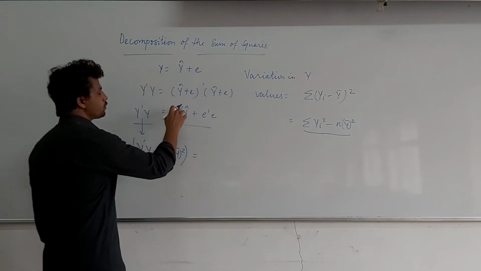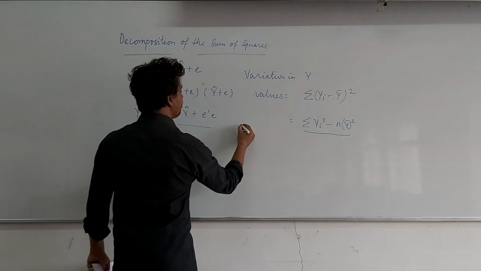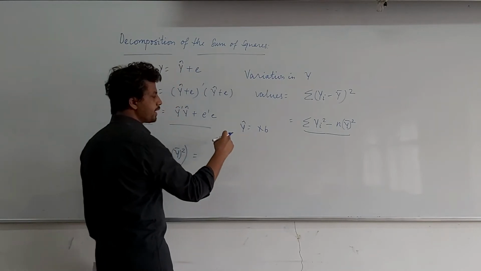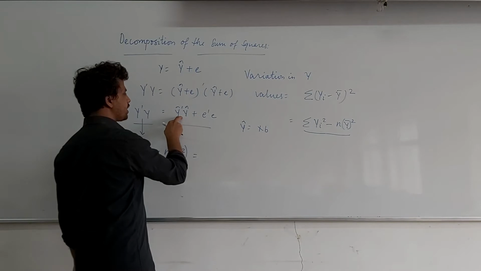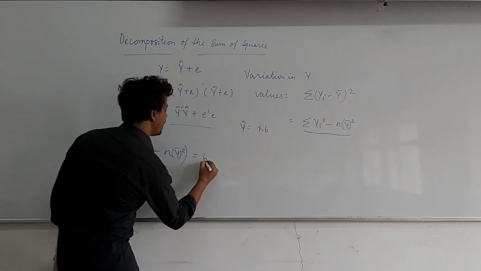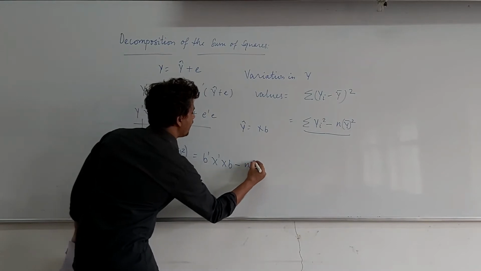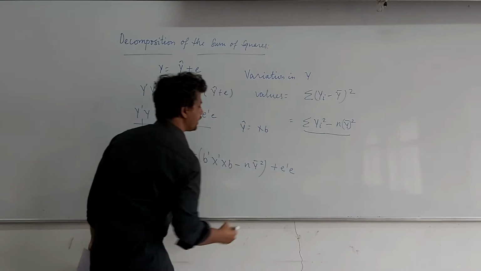Now y hat transpose y hat can be written as follows: since y hat is xb, y hat transpose becomes b transpose x transpose. So b transpose x transpose times xb, minus n times y bar whole square, plus e transpose e.